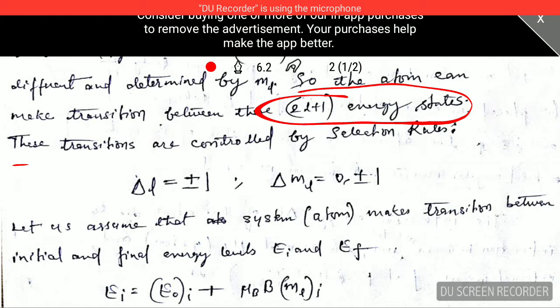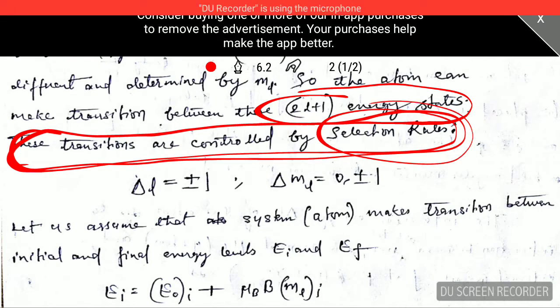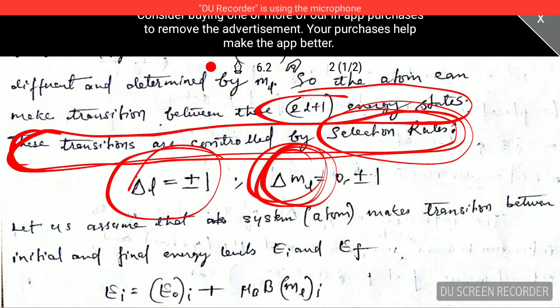These transitions are controlled by some rules, and those rules are called the selection rules. So the selection rules are here. In order to make the transition, the change in angular momentum quantum number should be plus or minus 1, and the change in this quantity, that is delta ml, should be 0 or plus or minus 1.